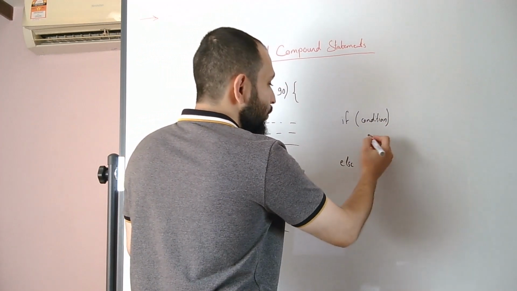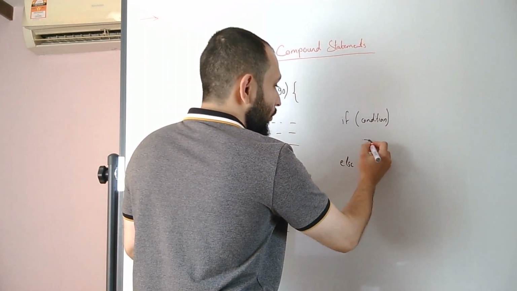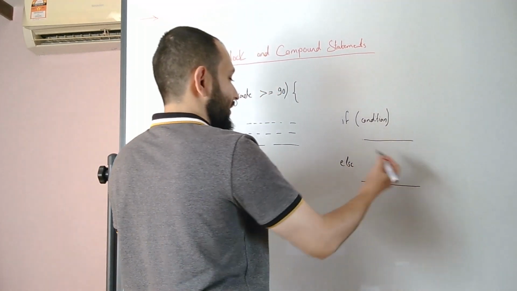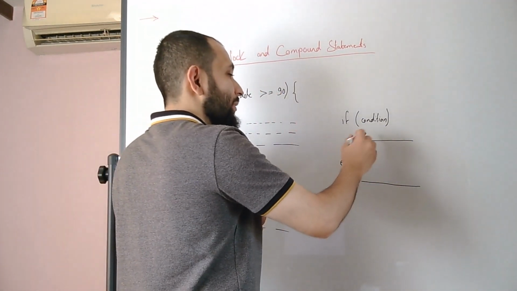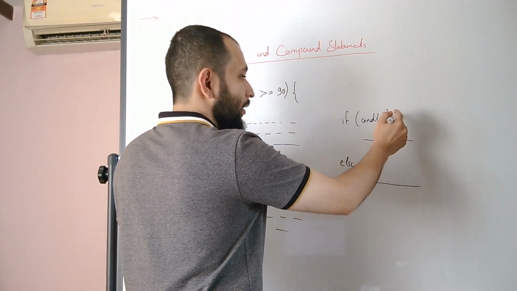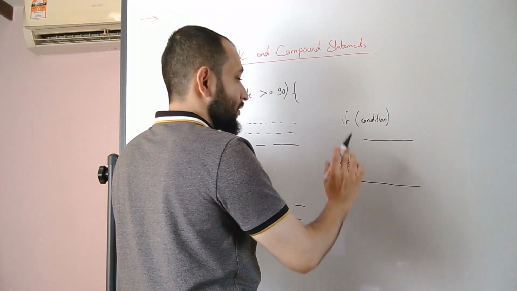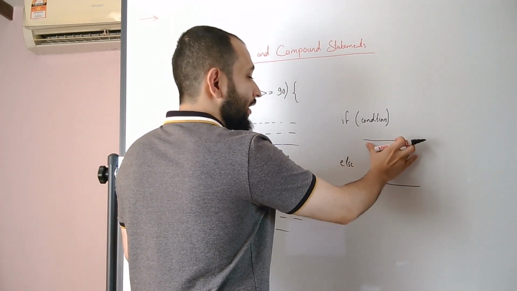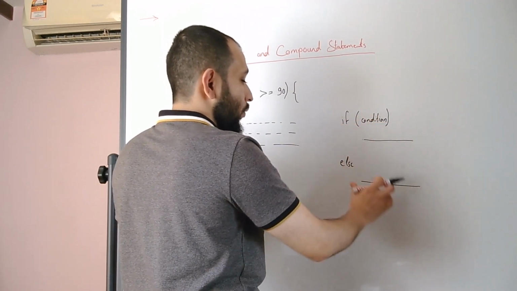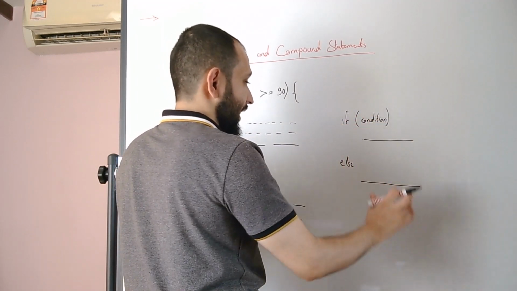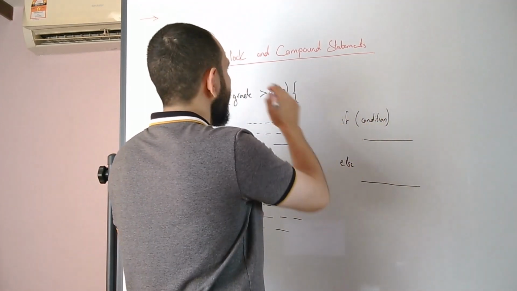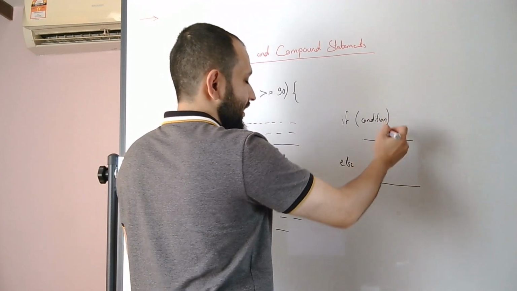We only need to have one statement in here for if and one statement here on else. Only one statement is possible because we didn't use the braces. So only this one statement will be included inside of if and one statement inside of else. If we want more than one statement, then we have to include the braces in here.